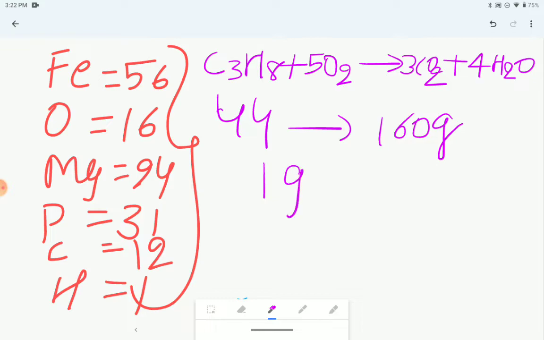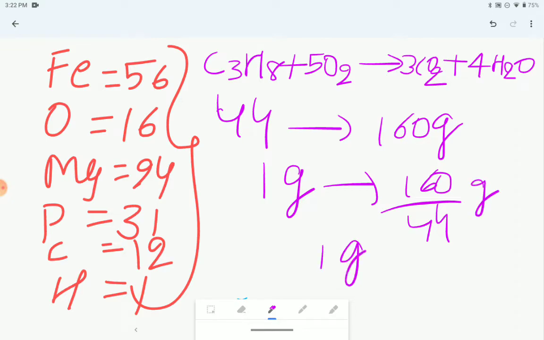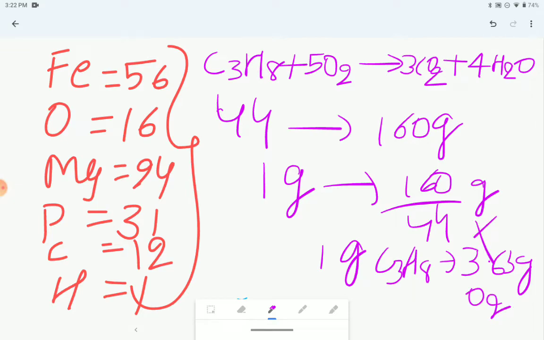That means 1 gram requires 160 by 44, which means 1 gram of C3H8 requires 3.63 grams of oxygen. So this can be ruled out because the first one is 0.42. It is compulsorily less than this. So this equation is to be ruled out.